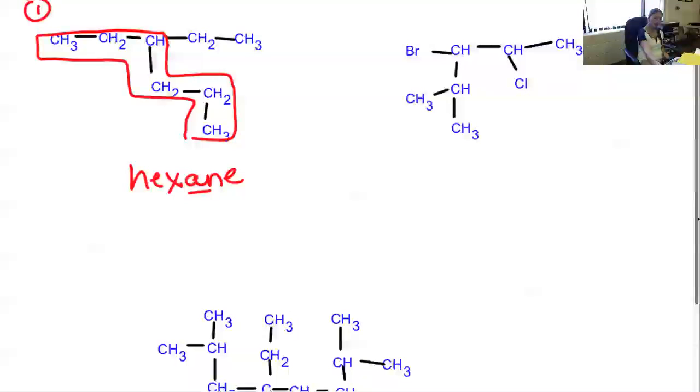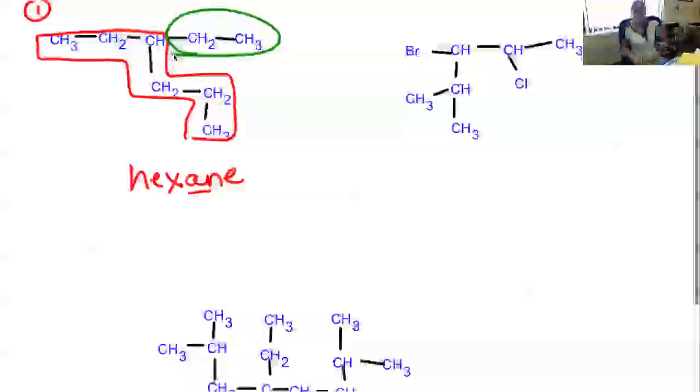I do, though, have this little group off the side, and this is that alkyl group that I was talking about with a yl in it. It's off of the main chain. It's got 2 carbons, and 2 is less than 6, so it's not the main chain. So that is an ethyl group, not ethane, but ethyl.